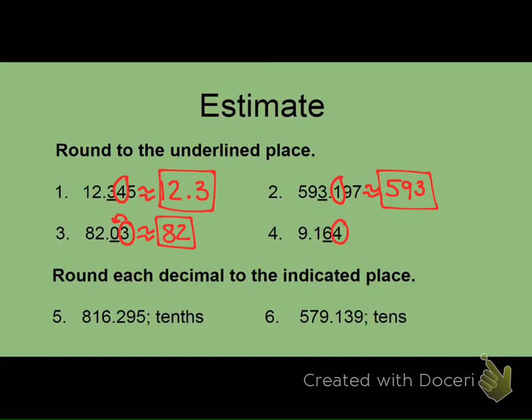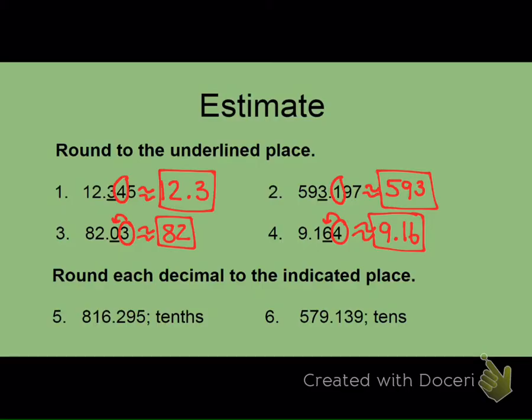The 4 is going to keep that 6 the same. So our estimated value is 9 16 hundredths. Hopefully you got both of those correct. Again, go ahead and pause the video, and round number 5 and 6 on your own to the indicated place value. Pause the video now.